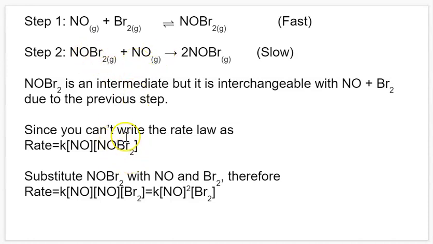However, since NOBr2 is an intermediate and we can't include it in the rate law, we're now going to substitute NOBr2 for the things that made it in the first step and their stoichiometric coefficients as rate orders. So therefore, the NOBr2 becomes NO and Br2, and then our overall rate law becomes rate is equal to k times [NO] to the second power and [Br2] to the first power.